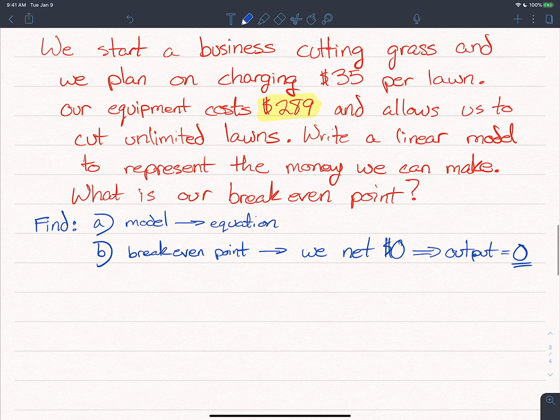So now we need to go ahead and write out our given. The first thing we know, if we go through this problem, is we see this thing, $35 per lawn. Now I'm going to give you a clue. Anytime you see something like $35 per lawn or such and such amount per this, that usually is pointing you to the slope.